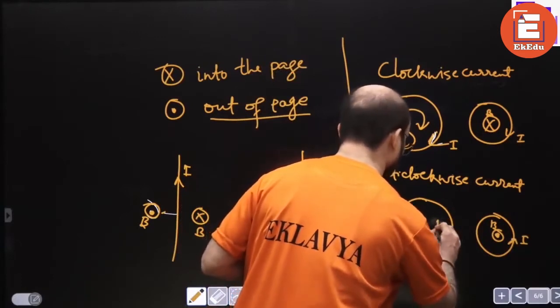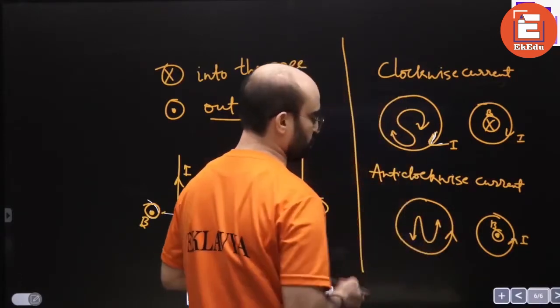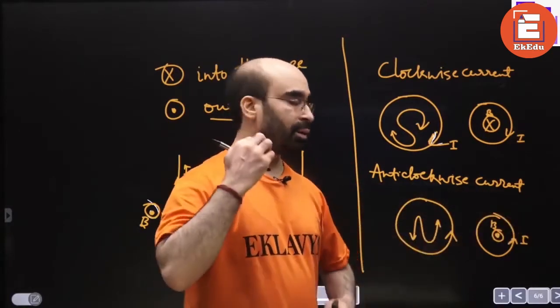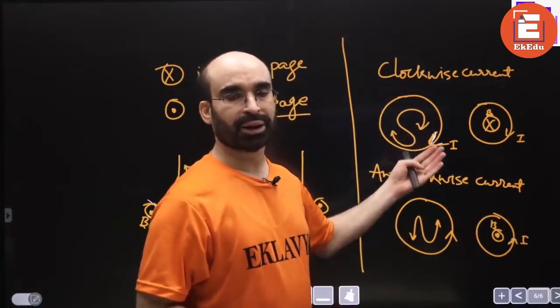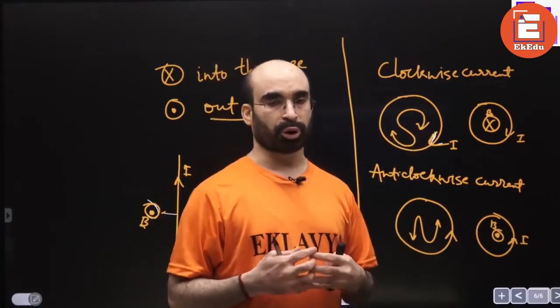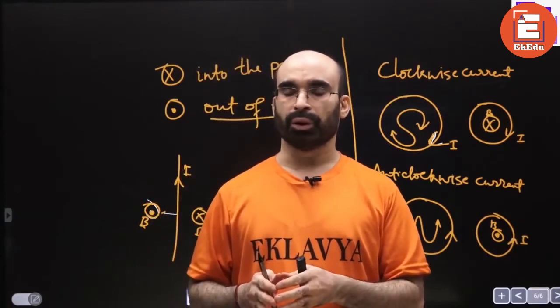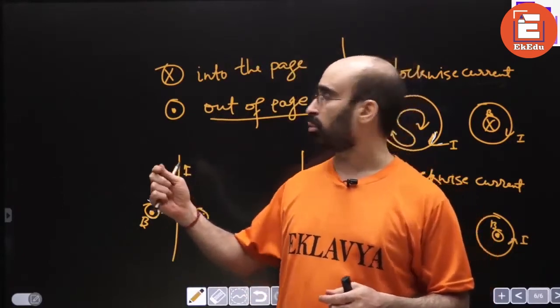This one is south polarity, this one is north polarity. Anti-clockwise current, north polarity. Clockwise current, south polarity. These things are quite important. While finding out the direction of magnetic field, we need to be very, very careful about this.